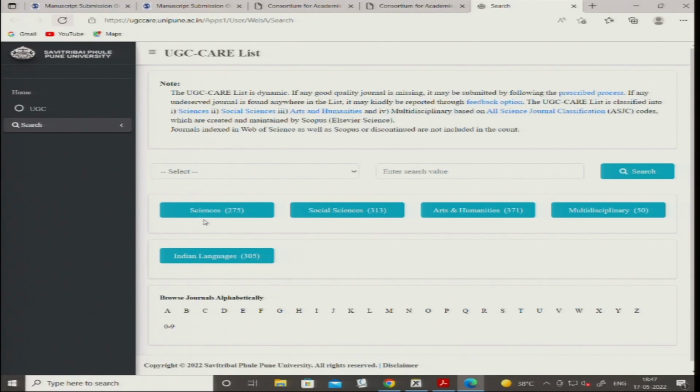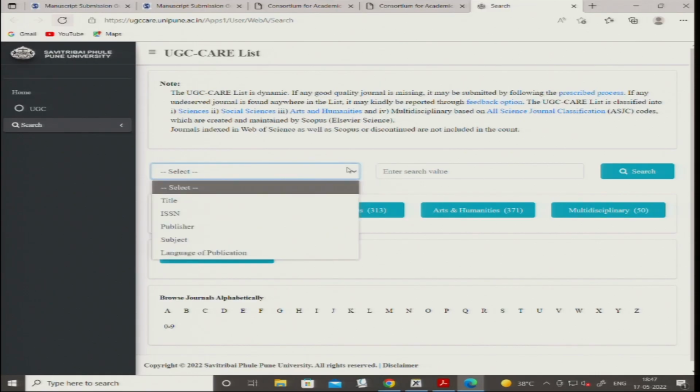If you are working in arts and humanities, there are 371 journals. If you are doing multidisciplinary or interdisciplinary research, you can explore these 50 multidisciplinary journals. And if you are working in language, there are 305 Indian languages journals available. So let's start how to find a suitable journal.